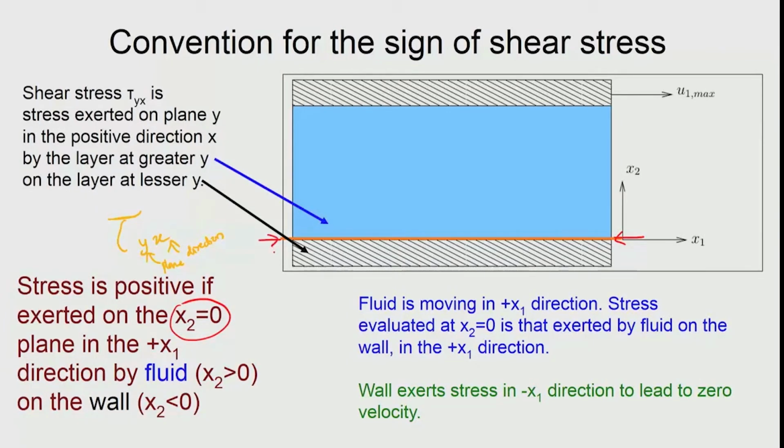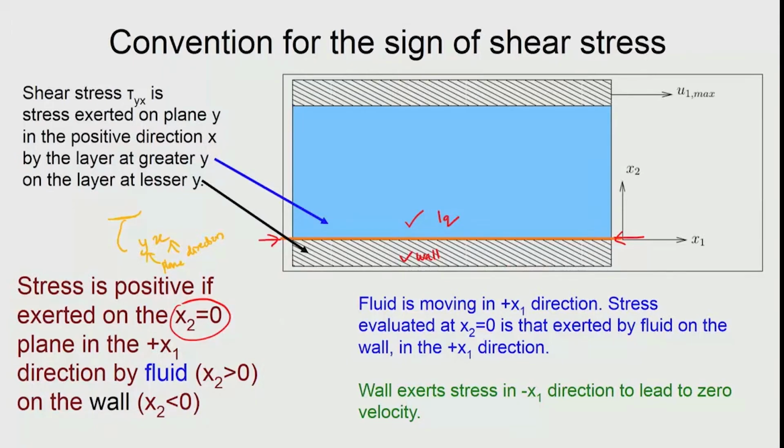So, if you take that plane, for example, at a greater y, that is at a higher value of x2, here this is the higher value, that is liquid, okay, and the lower value of y is basically the wall, okay. So, the force or the stress that is exerted by the liquid on wall, if it is in the positive x direction, then the stress is positive, which is actually true.